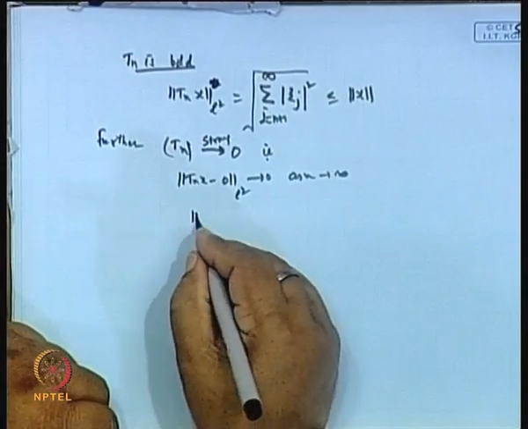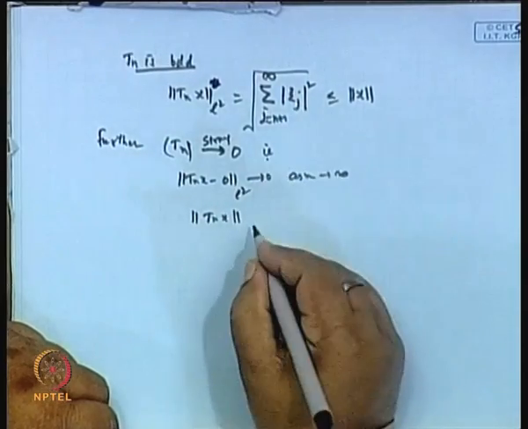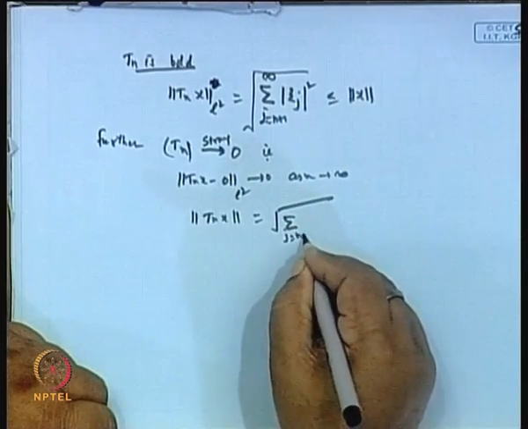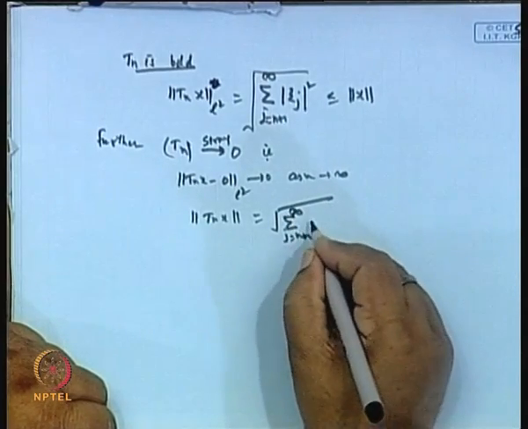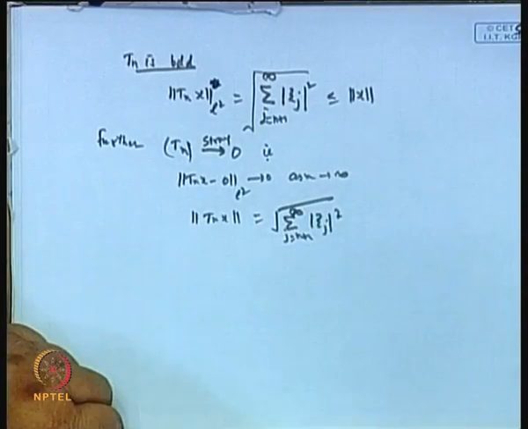What is the norm of Tn x minus 0? It is equal to the square root of sigma j equal to n plus 1 to infinity of mod xi j squared. Is it right?